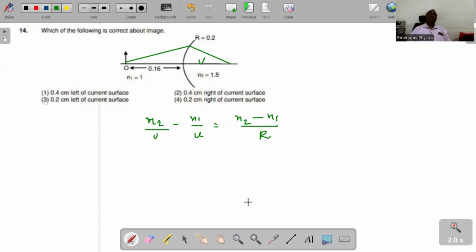Let us substitute one by one. N2 is 1.5 by V, minus N1, which is 1, by U.